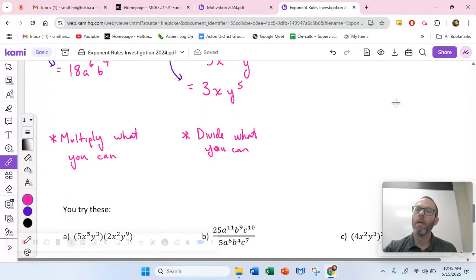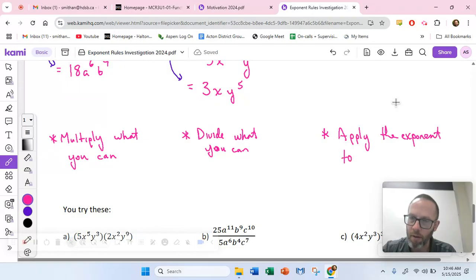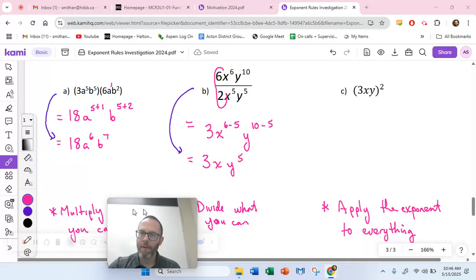Now, for part C, my tip for you guys, when you're doing some kind of monomial to a power, is this: apply the exponent to everything. Exponent to everything. What do I mean by that?